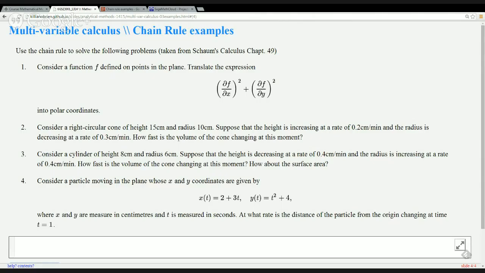The distance of the particle from the origin is the radius r, so it's not surprising that the chain rule equations will come in use, because you want to find the derivative dr/dt. You don't have the radius specified explicitly as a function of t, but you've got x and y specified as functions of t, and the radius is in turn a function of x and y. So it's the chain rule that will get you the thing you need there.